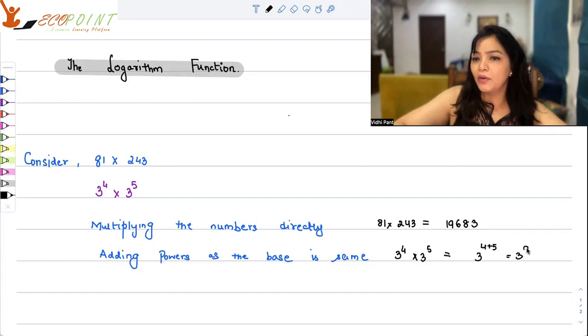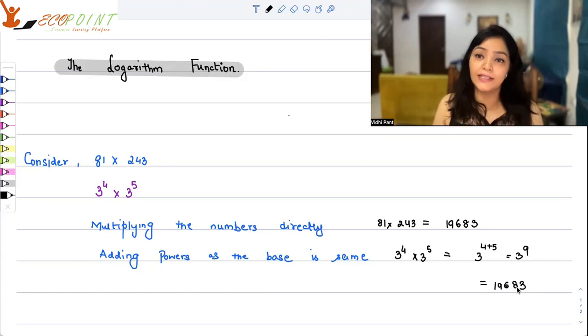That is 3 to the power 9, which will turn out to be the same number, 19,683. But the visualization is a little different there. I have directly multiplied and here I'm seeing the power of base 3.